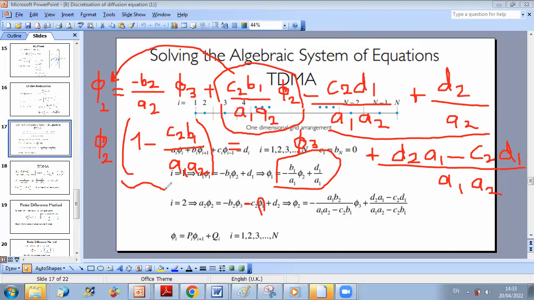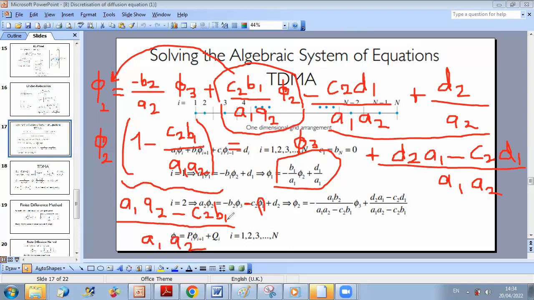Here, this term, you can write it as A1 A2 minus C2 B1 over A1 A2. So to obtain the expression of phi 2 function of the other parameters, you can multiply all your terms by A1 A2 over A1 A2 minus C2 B1.